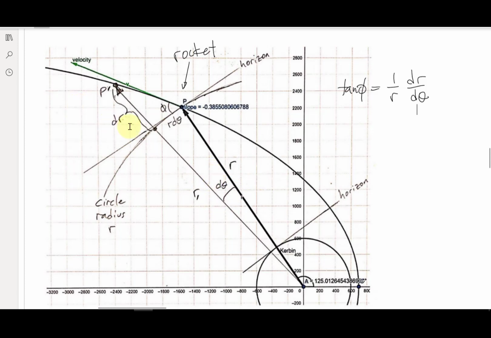That increase in r is this differential in r. And the base of this triangle is this length r d theta, which is the length of a sector of a circle which has radius r. As d theta and dr become very small, this formula becomes exact.